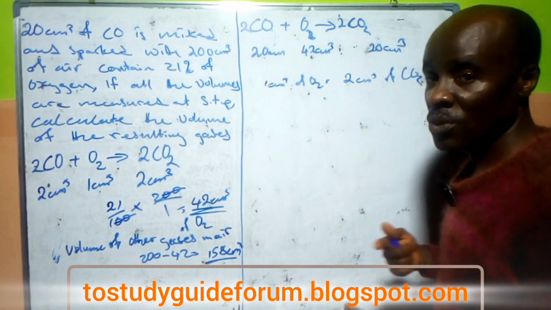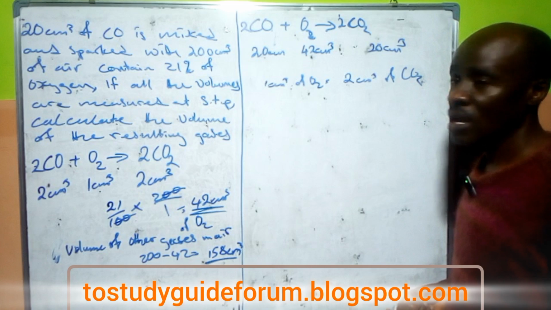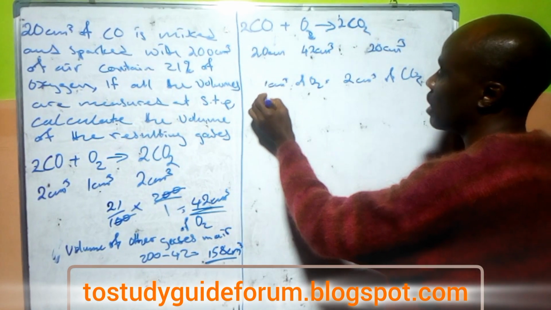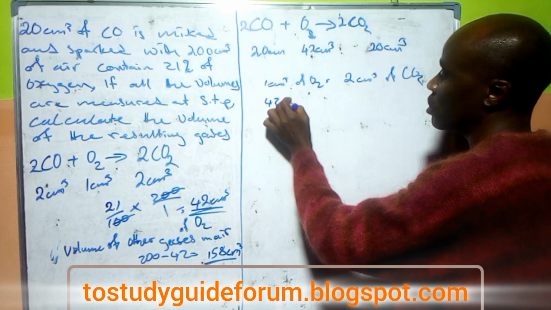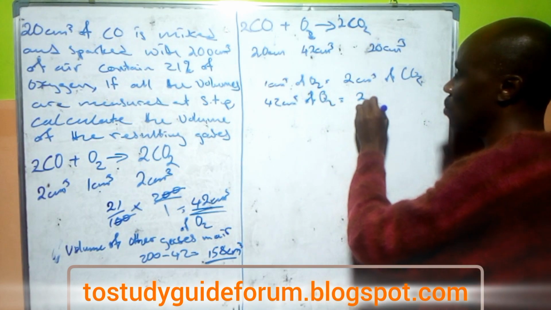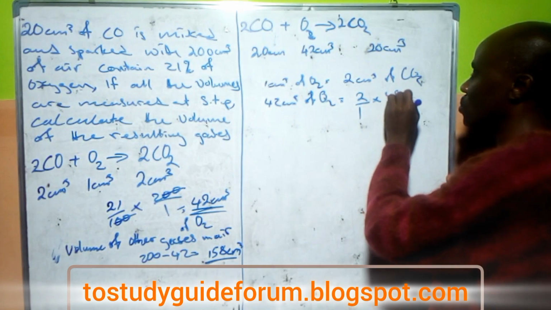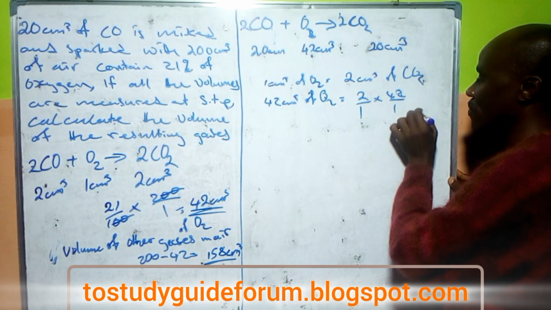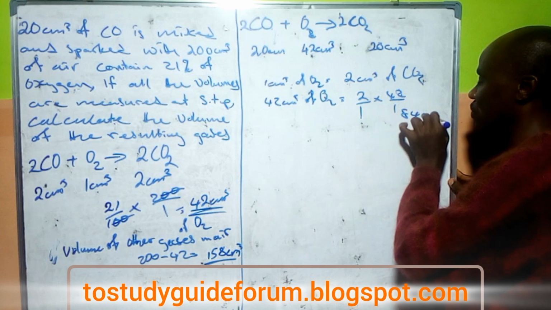That's the product we're using now to compare which one is excess and which one is limiting. So 42 cm³ of oxygen will then give us 2 over 1 times 42 over 1. That is 84 cm³.